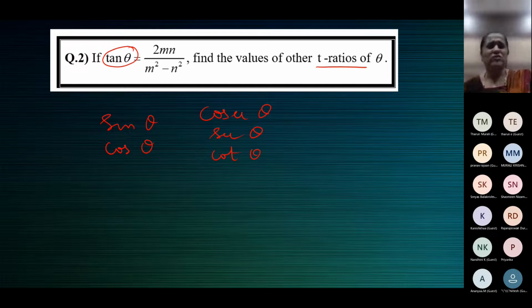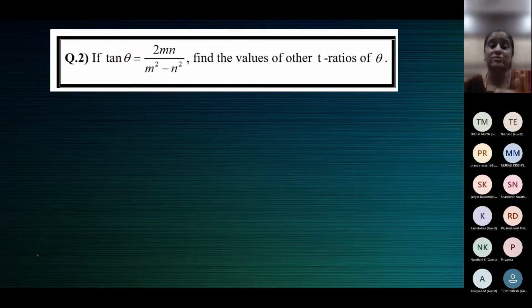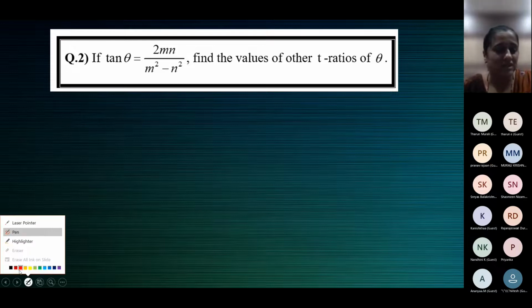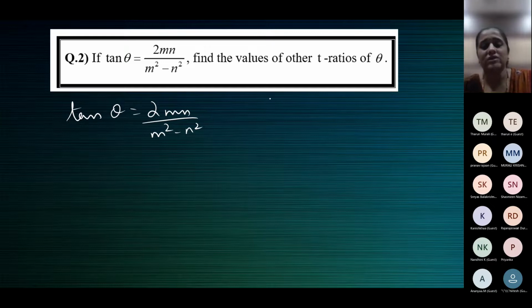Now, you don't have to find everything because when you know tan, you automatically know cot. We know that tan theta and cot theta are reciprocal ratios. If tan theta is 2mn by m square minus n square, then cot theta is the reciprocal of tan theta.